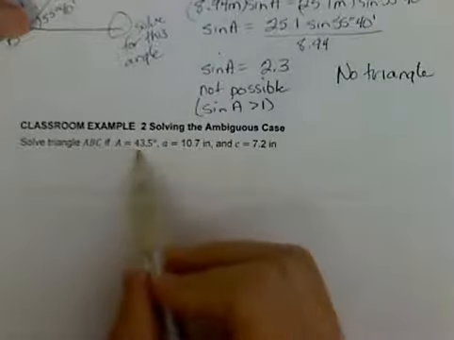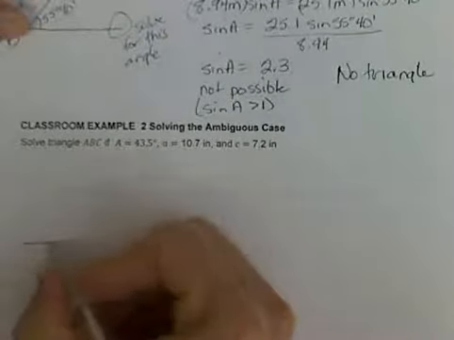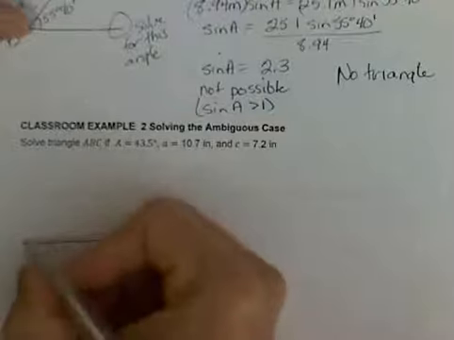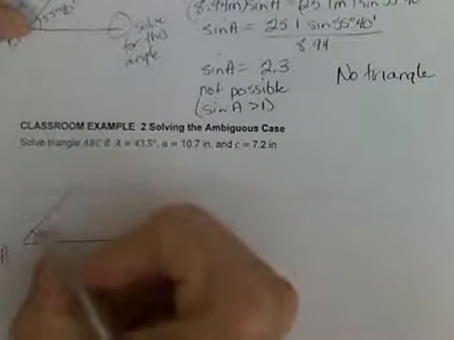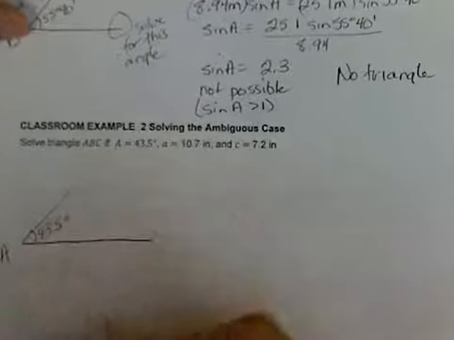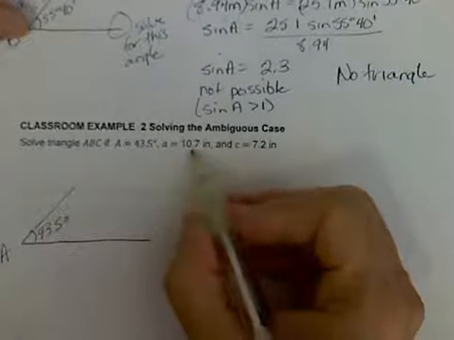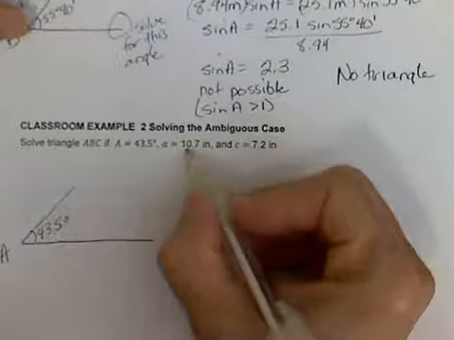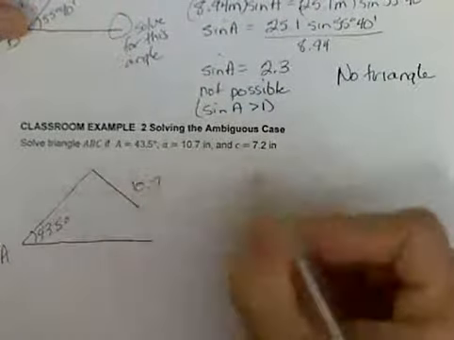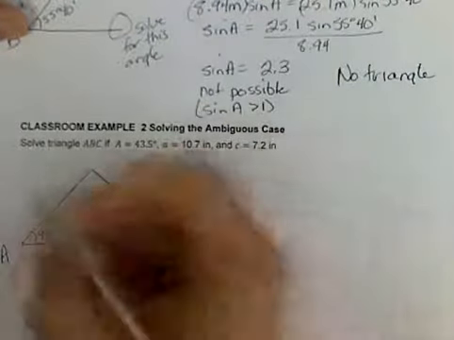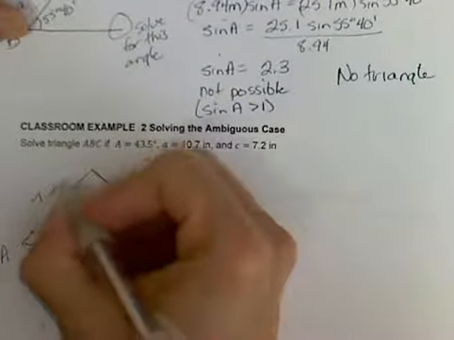This time my given angle is A. Again, I'm going to put that on this side. That means that my side over here is going to be side A. And I'm going to put my other given side over here at the left.